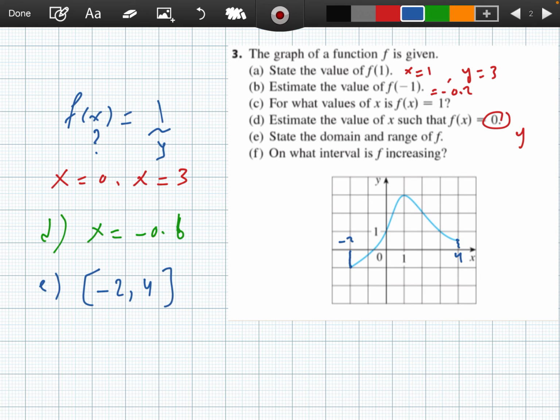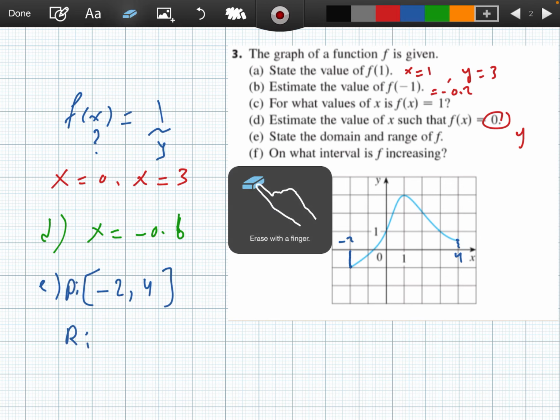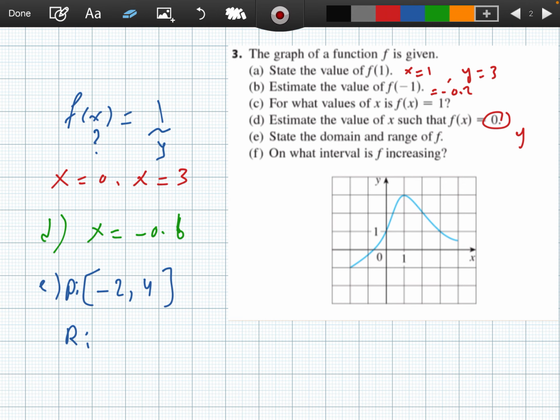And the range is on the y-axis, the start is here and it ends here, or the lowest value is -1 and the highest value is 3. So the range is also the closed interval from -1 to 3.